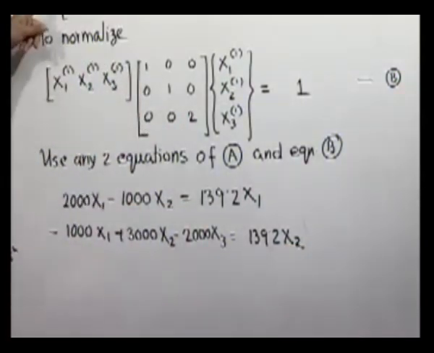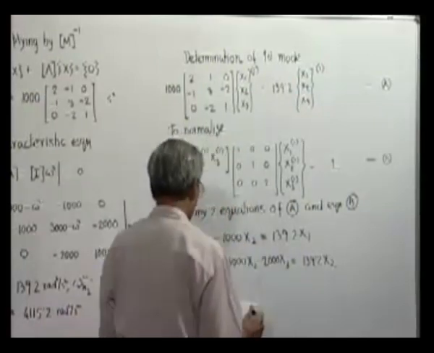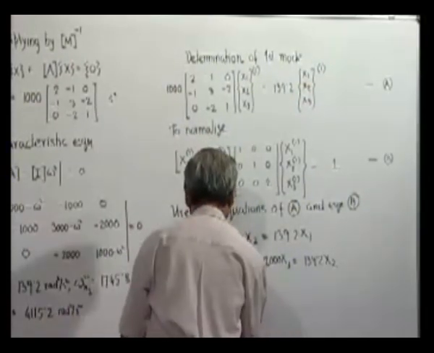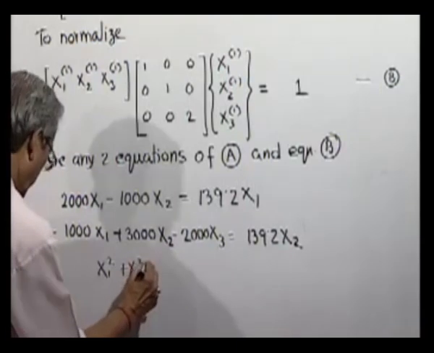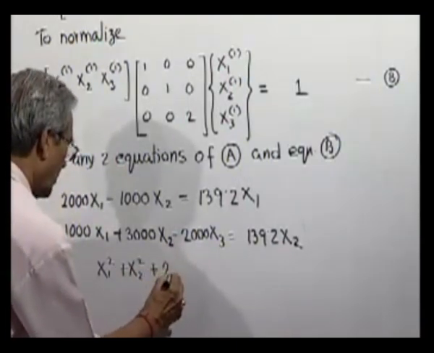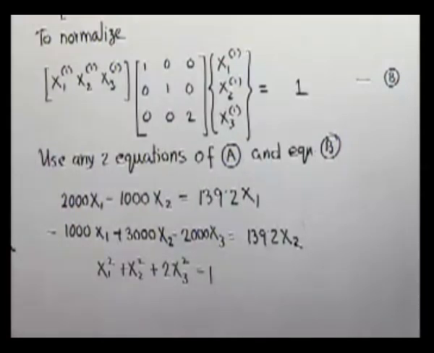That is the second equation of this. We don't need the third. We will have to use this one, and this equation is what? x1 square plus x2 square plus 2 x3 square. So these three equations we can solve to find out x11, x21.